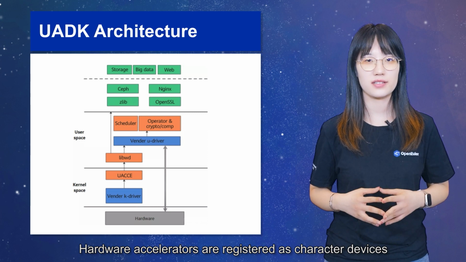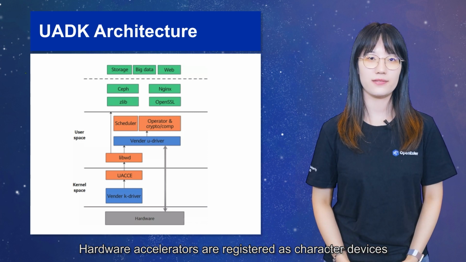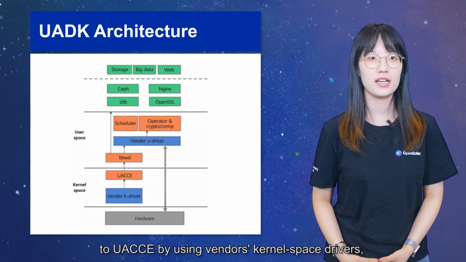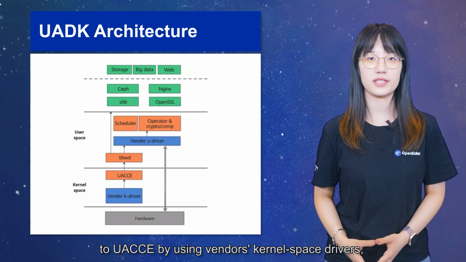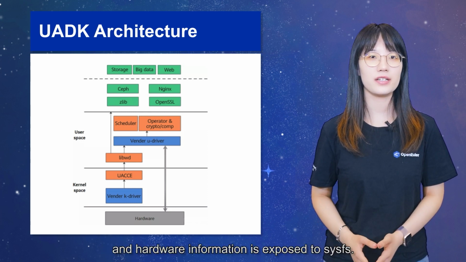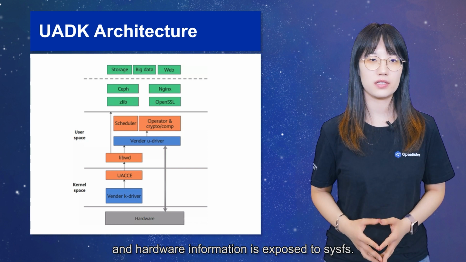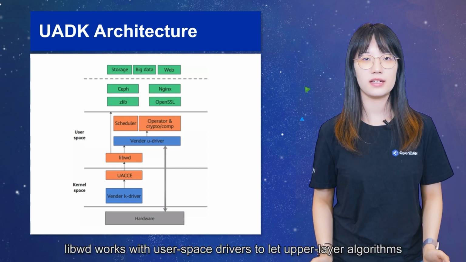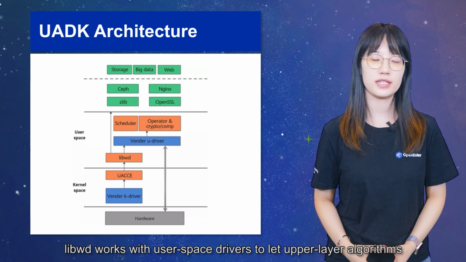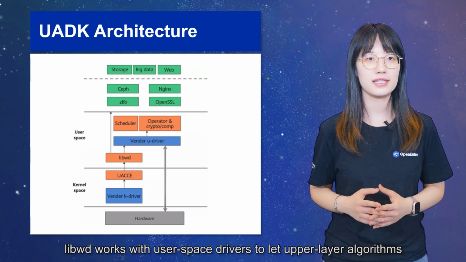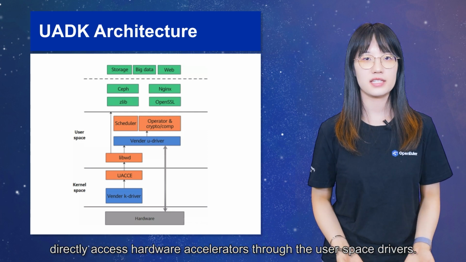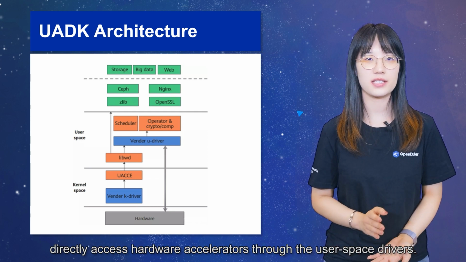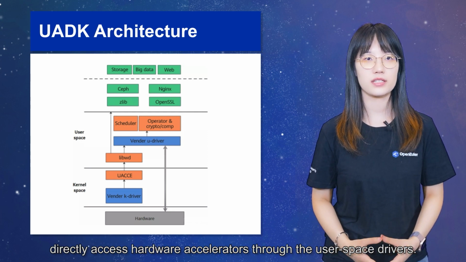Hardware accelerators are registered as character devices to UACCE by using vendors' kernel space drivers, and hardware information is exposed to sysfs. In the user space, libwd works with user space drivers to let upper user algorithms directly access hardware accelerators through the user space drivers.